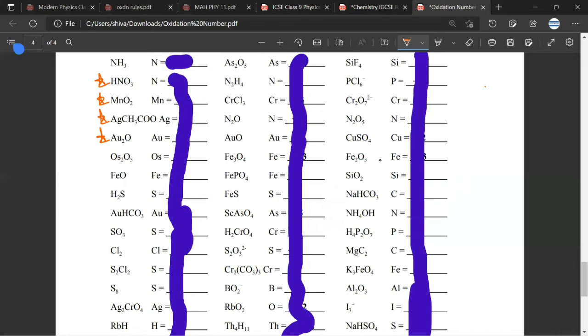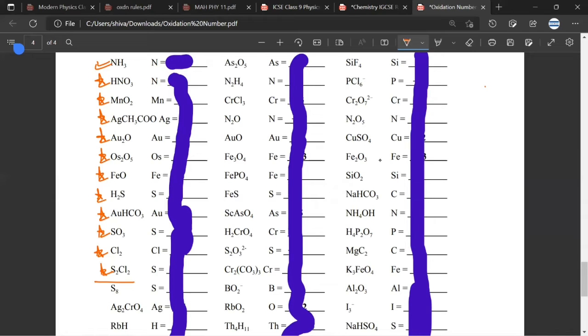Just do these few questions and then we'll come to the redox reactions. Just spend some time on this. Actually, this is what we had done, so you can do these. I will send you this PDF. If you want to practice this further, you can use it. But just do this.